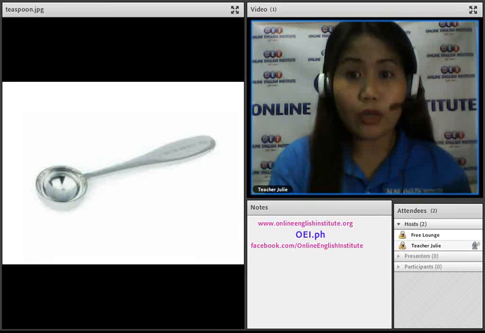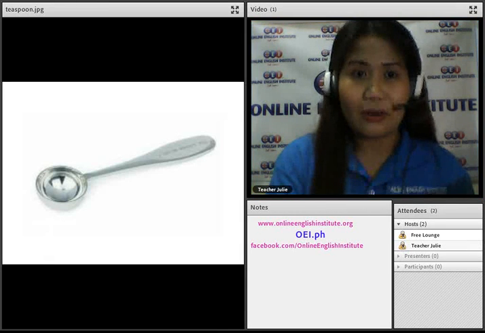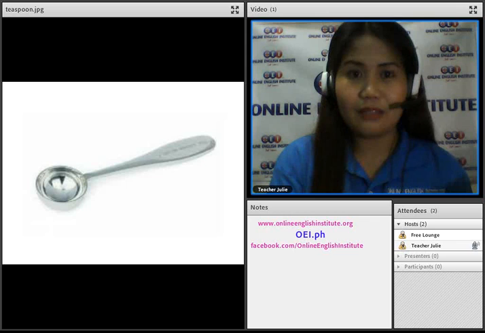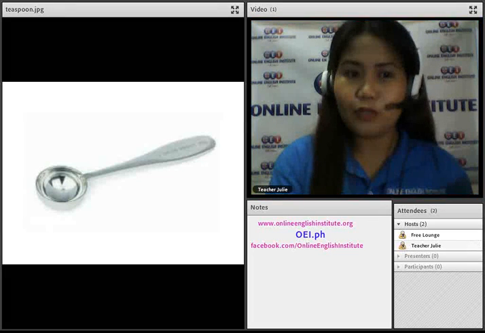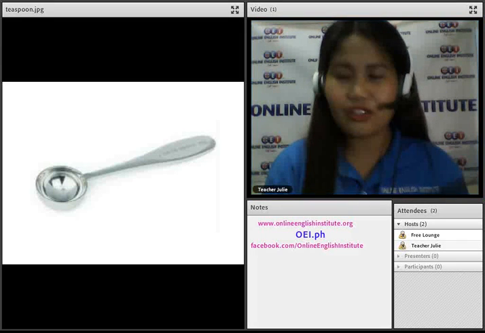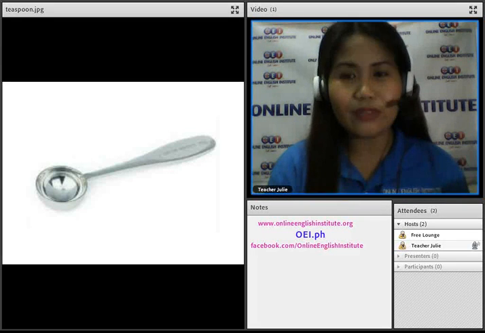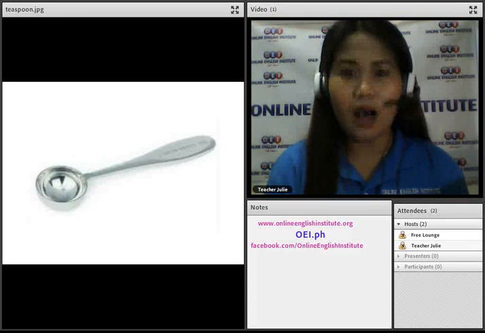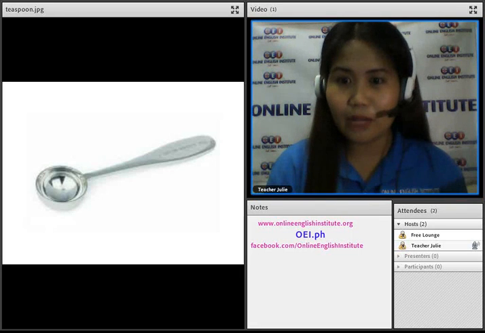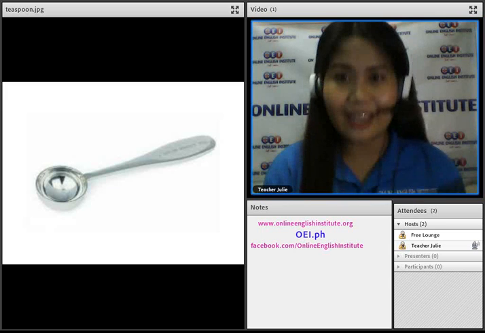Well, according to my research, if we wish to be more technical about it, we can actually have another measurement for teaspoon. It's equivalent to 1/6 fluid ounce or 1/3 tablespoon or 4.9 milliliter.